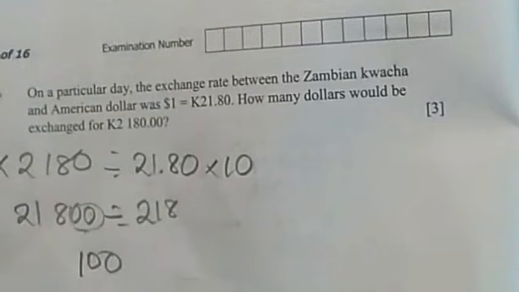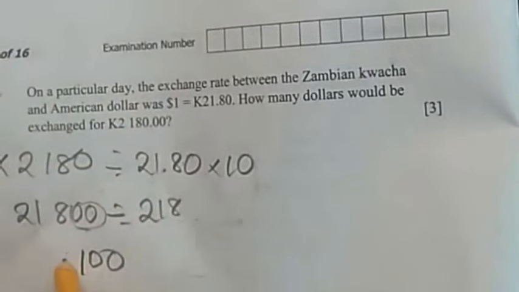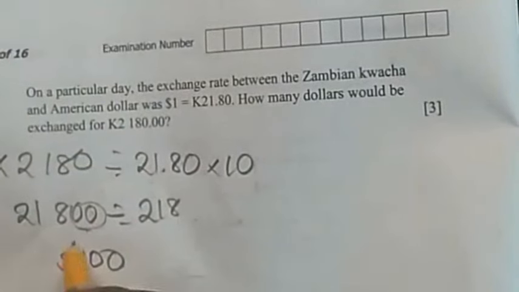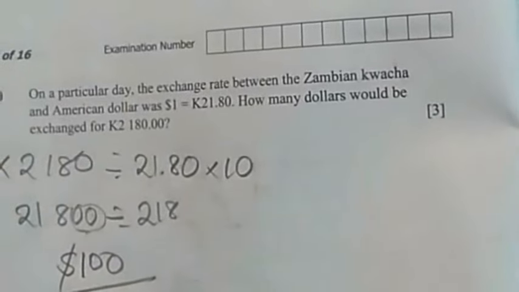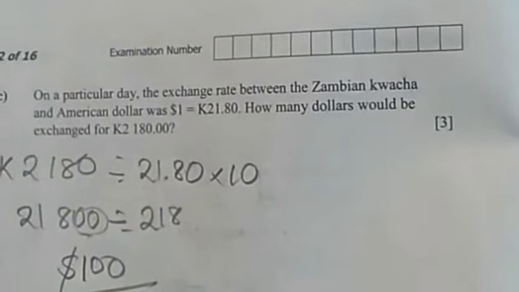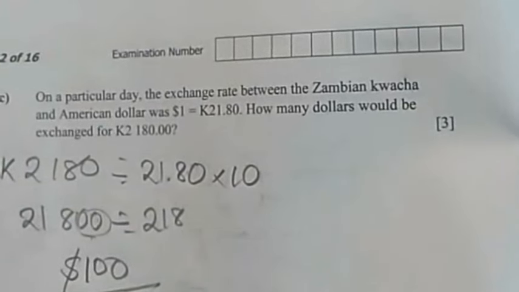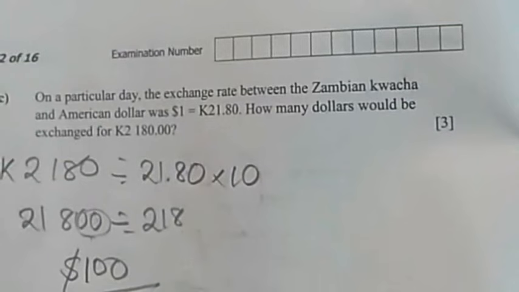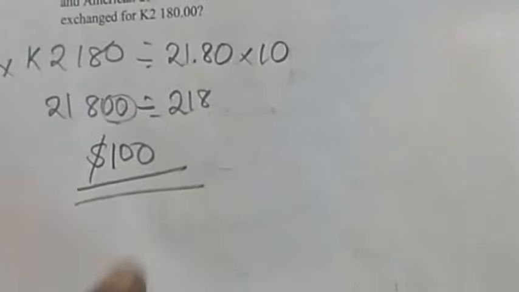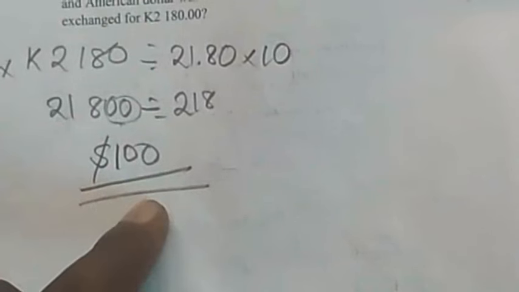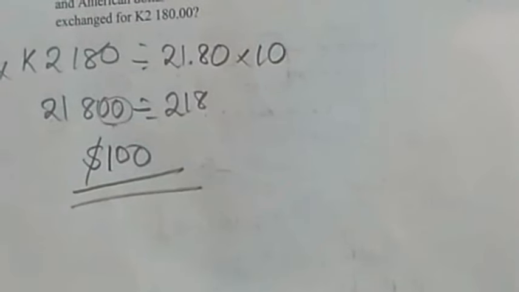You need to put a dollar sign, which is sometimes written as S with a line cancelling it. So when the person changes that money in kwacha into dollars, he's going to come up with $100. This is the money this person had.